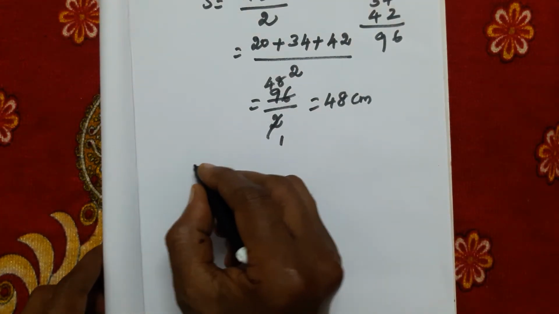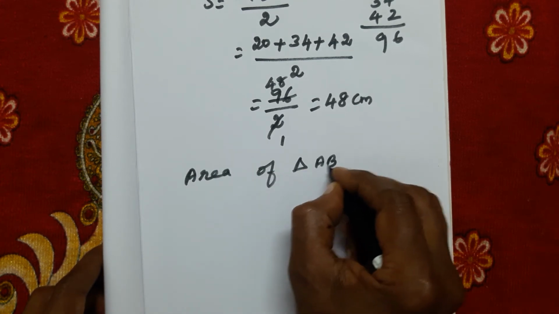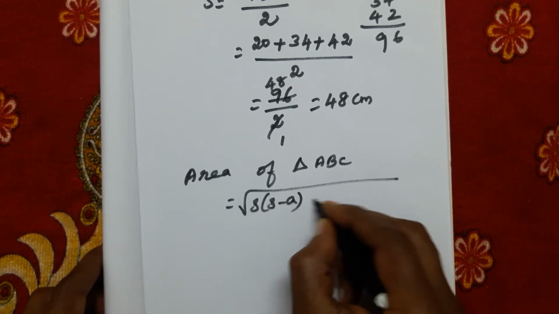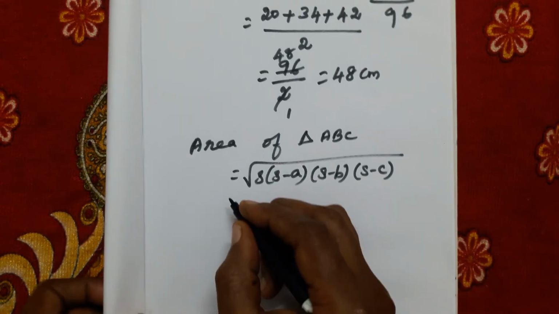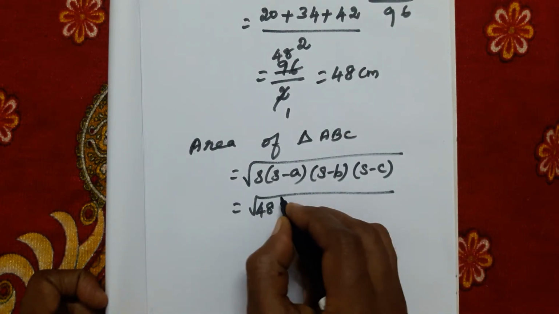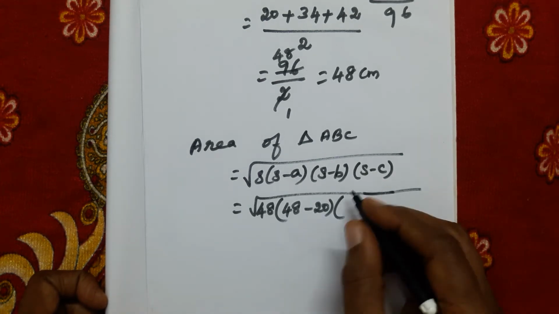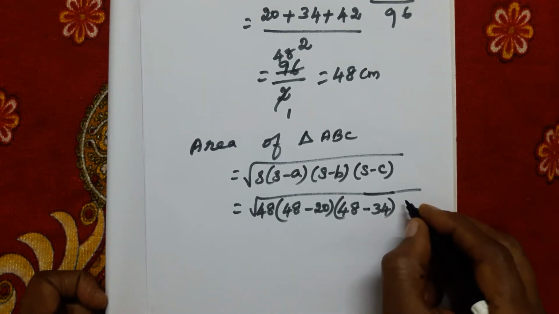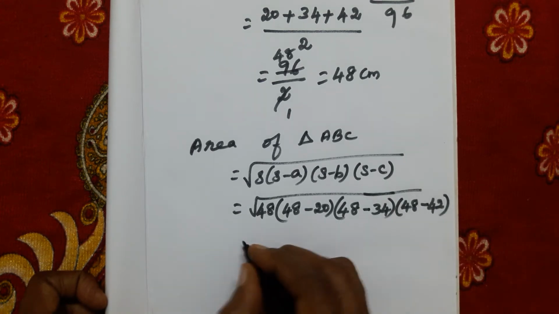Next, the area of triangle ABC is equal to, by the formula, root of s into s minus a into s minus b into s minus c. s in place is 48, 48 into 48 minus 20, a in place 20, next 48 minus 34, b in place 34, next 48 minus 42, c in place 42.